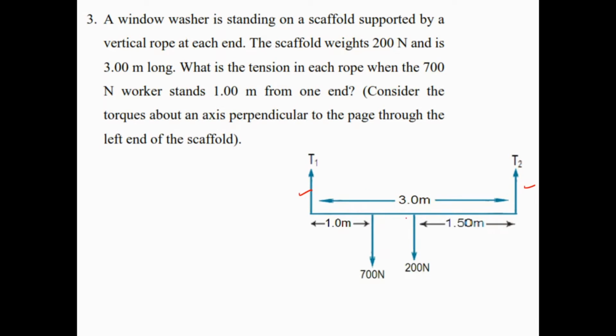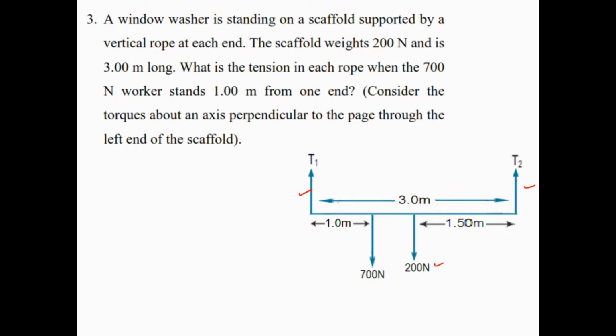The scaffold weighs 200 newtons. That means the total weight of the scaffold is 200 Newton, which is mentioned in this diagram here. And it is 3 meters long. So the total length of the scaffold is 3 meters. So we have to find what is the tension in each rope when a 700 Newton worker stands 1 meter from one end.